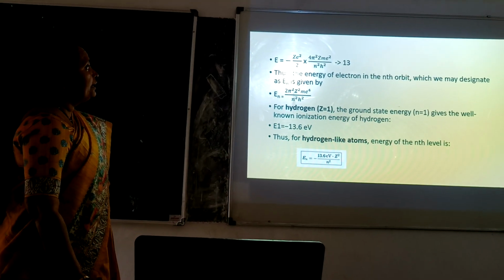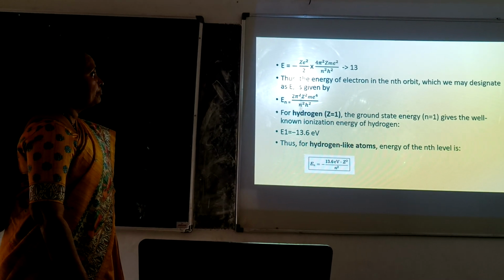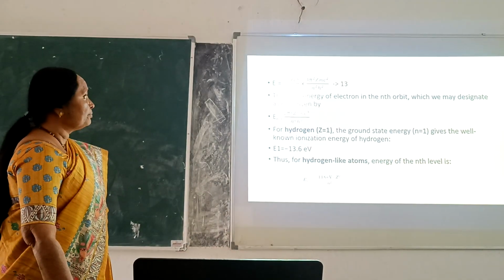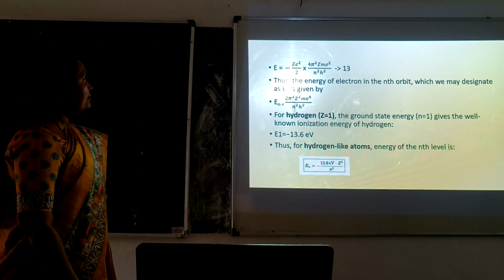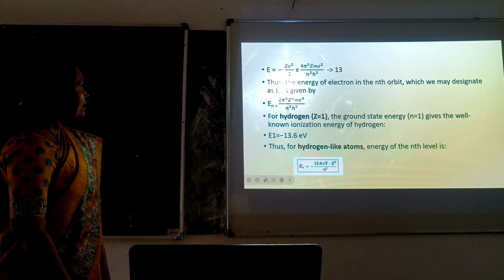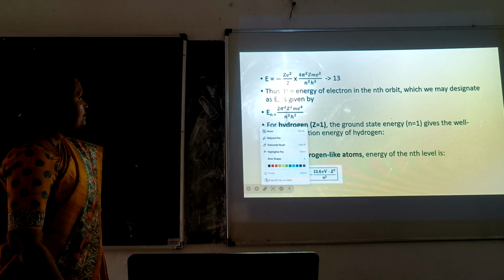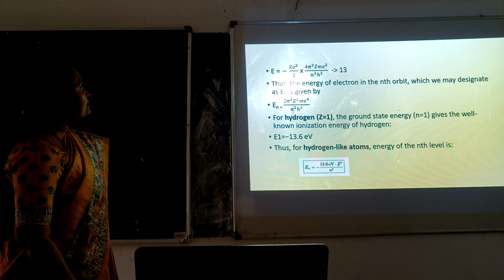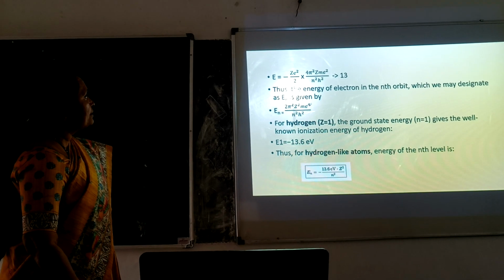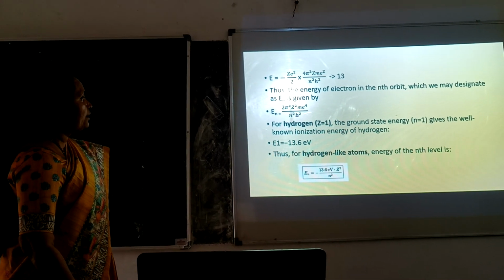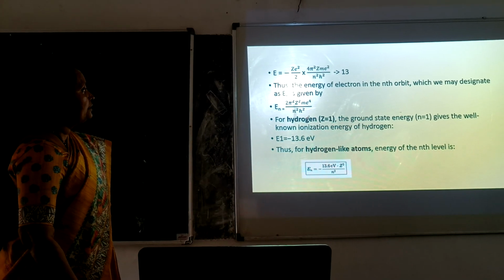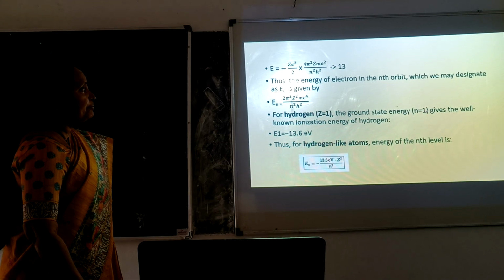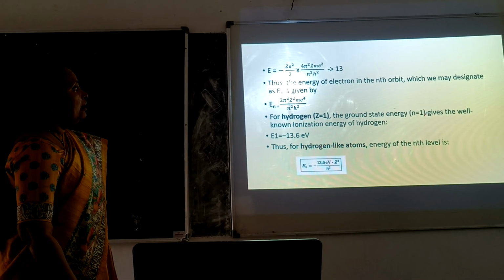So now the energy of the electron in the nth orbit is represented as En, and this En will be given as minus 2 pi squared Z squared m e to the power of 4 by n squared h squared.